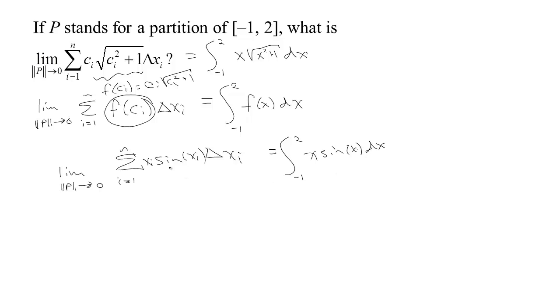So we don't stand on a lot of ceremony when it comes to the name of the variable of integration. The only reason we use the c is that we want to indicate that there's some flexibility in where we would choose our representative point. It could be anywhere in that interval. So you could pick your representative anywhere in this interval of width delta x i, but as the widths of the intervals go to 0, they'll all be squeezed into a single location, essentially. And so that's why this becomes x.